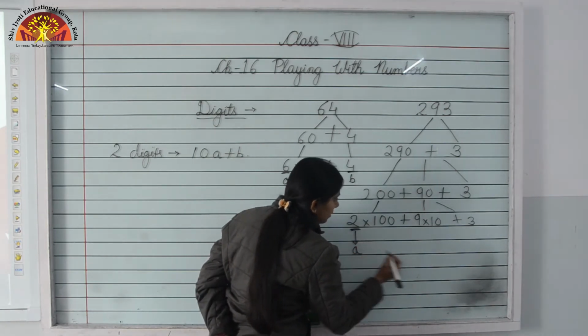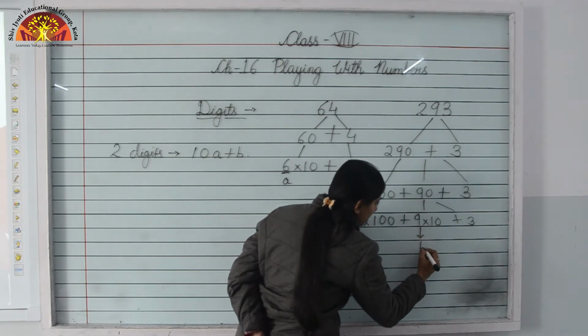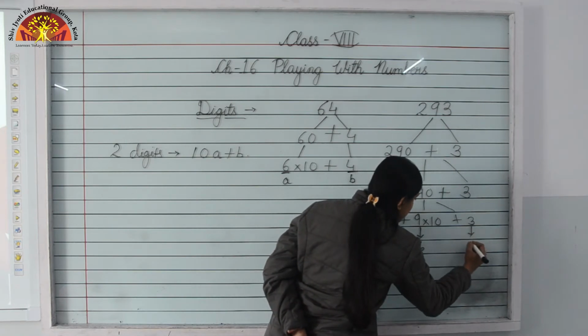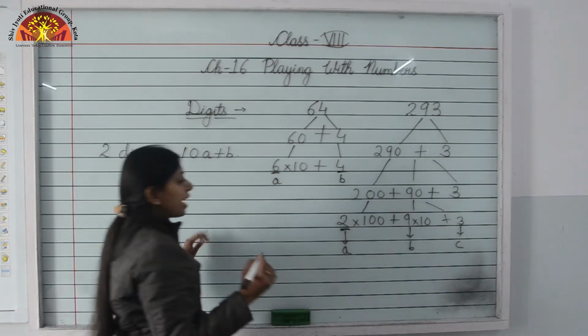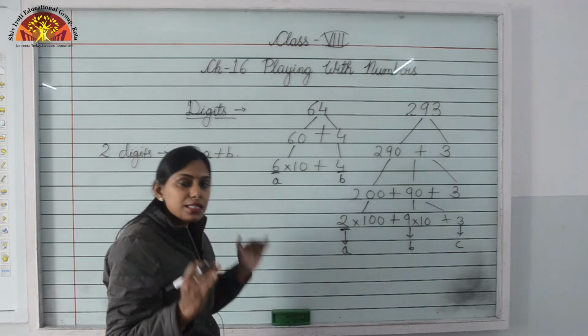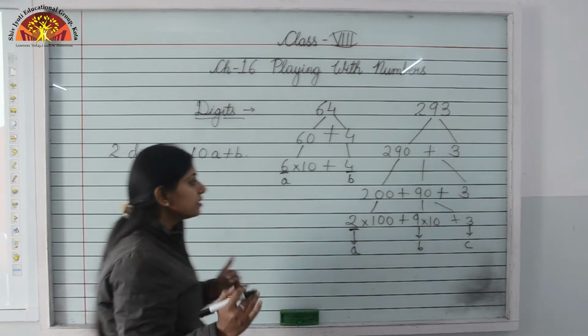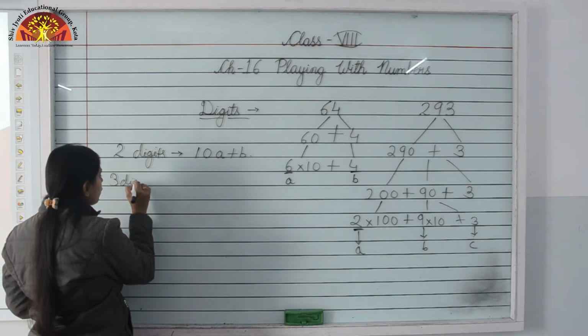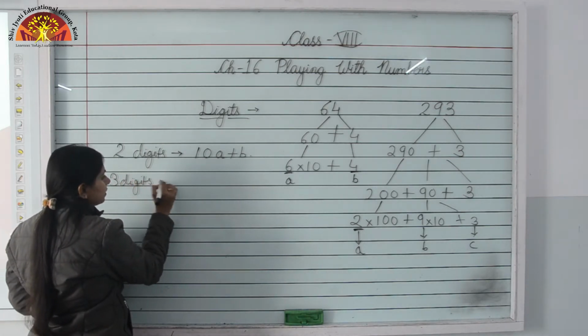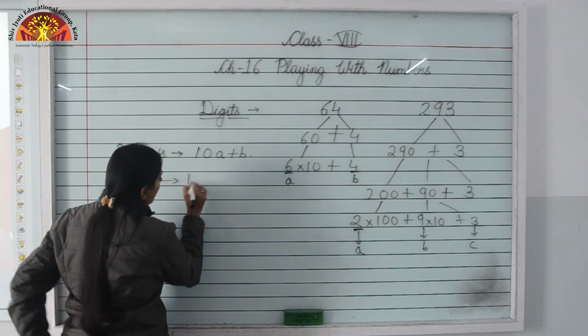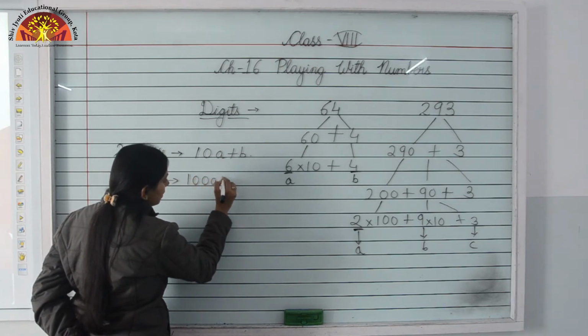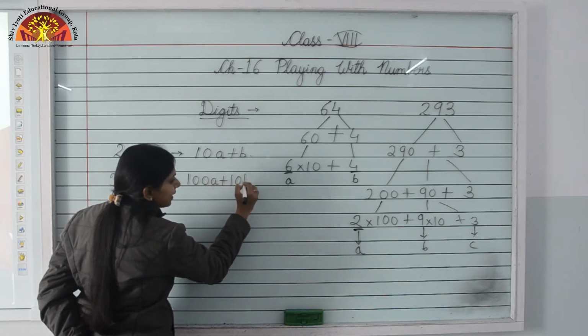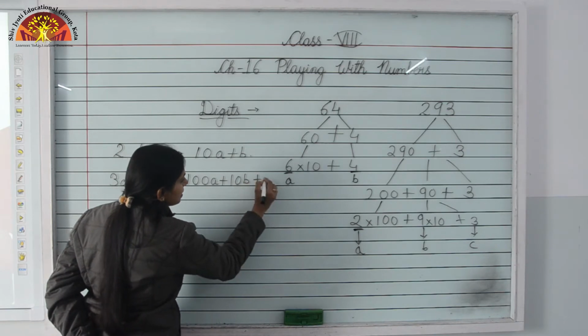A, 9 is B and number 3 is C. That means if any number consists of 3 digits, then the format we are using is 100A plus 10B plus C.